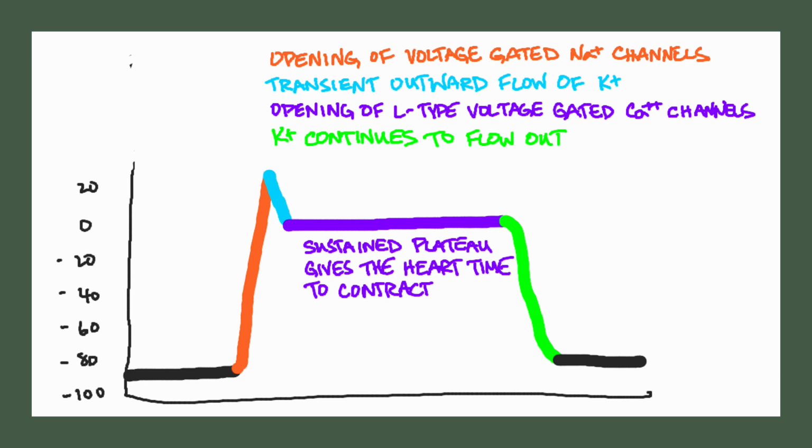There is then a transient outward flow of potassium to neutralize the electrochemical gradient a little bit. Now, the L-type voltage-gated calcium channels open, and calcium flows in to cause contraction of the myocardial cells. Ultimately, potassium flows out by way of the active transport pumps, and resting potential is reestablished, and the cell is repolarized.